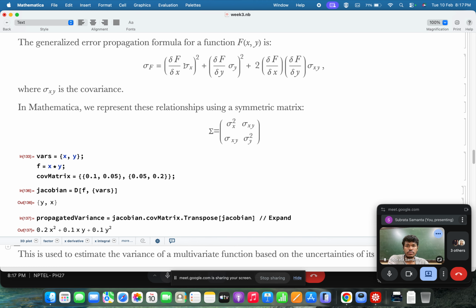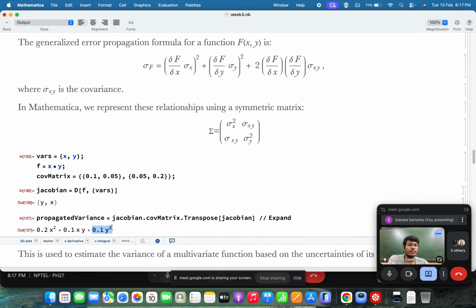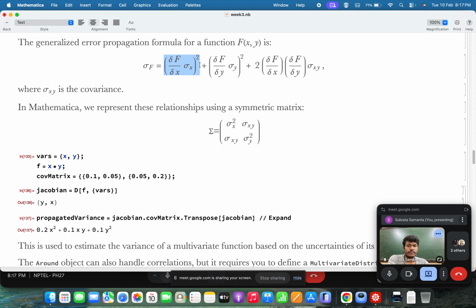So, you see the delta f delta x is basically the derivative with respect to x. So, it's y, right, and sigma x is 0.1, right. So, you see that 0.1 times y square, the first one. Right, because you see that sigma x square is basically 0.1.